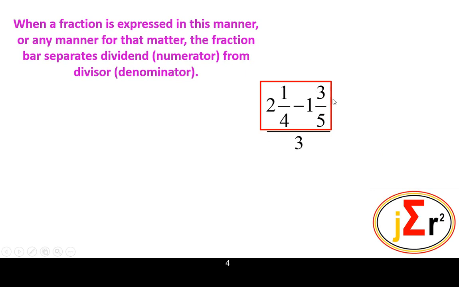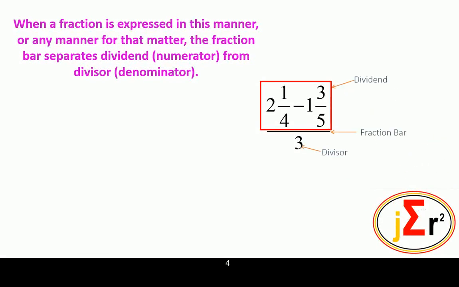Therefore, all of this is being divided by 3, and we might rewrite this in such a way that it is easier to manipulate. And if not even easier to manipulate, it might be easier on your eyes in terms of how you will process the visual information. That is also important in mathematics, the way that an expression appears.